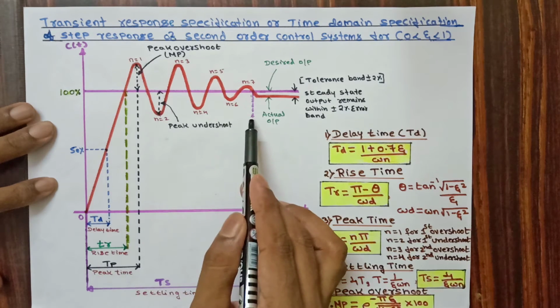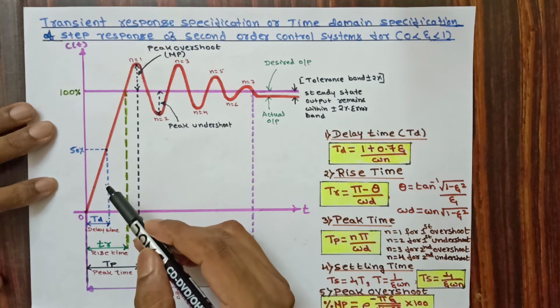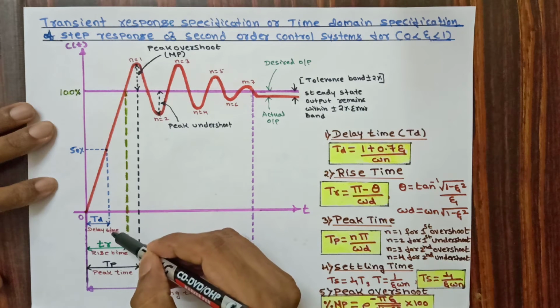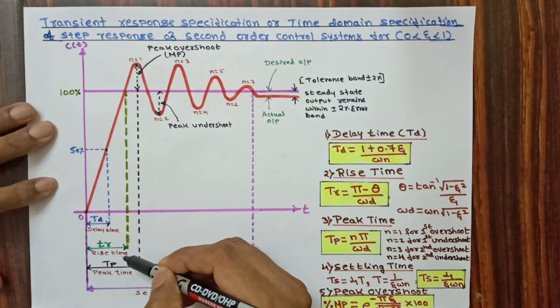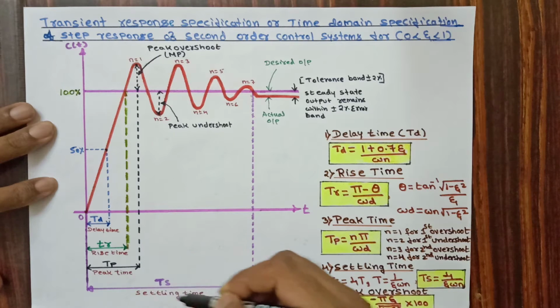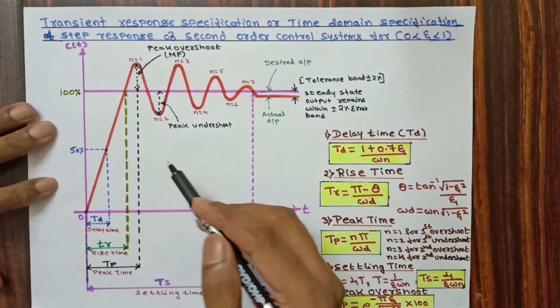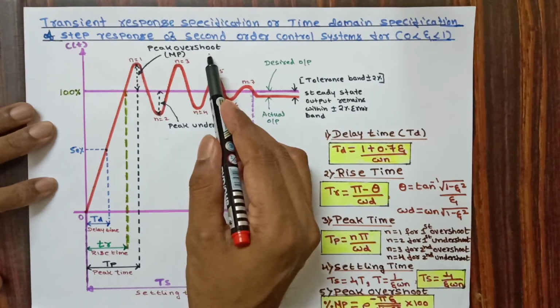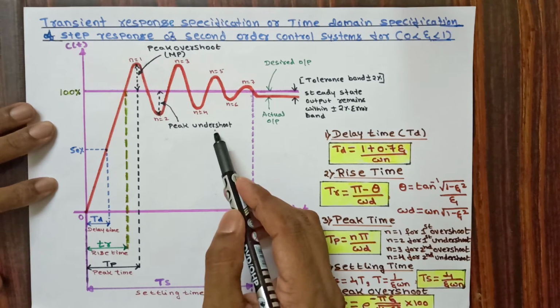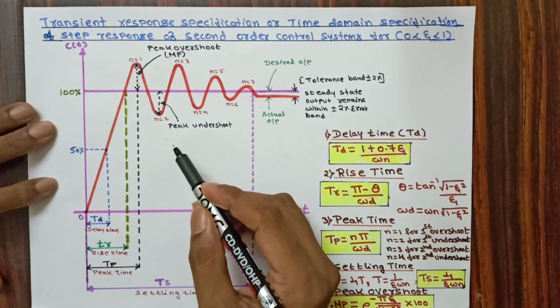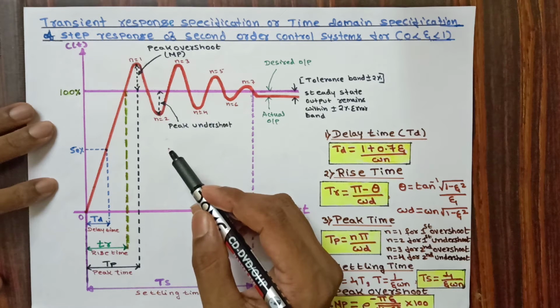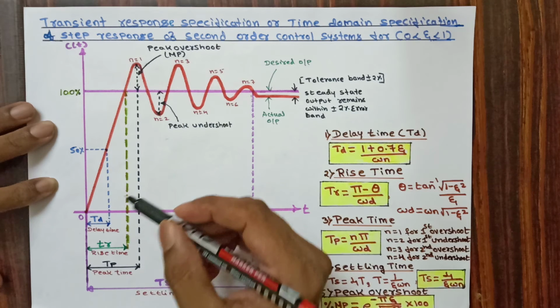In this transient response, we can measure certain parameters like delay time, rise time, peak time, settling time, peak overshoot, peak undershoot. With these parameters we get to know how fast the system performs. Let us see one by one.